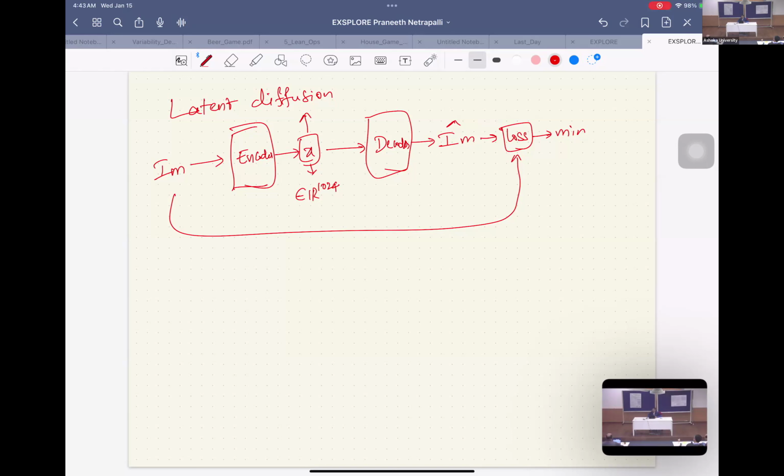So at this point, you do everything in this latent dimension. You don't even need to care about the original image or whatever.